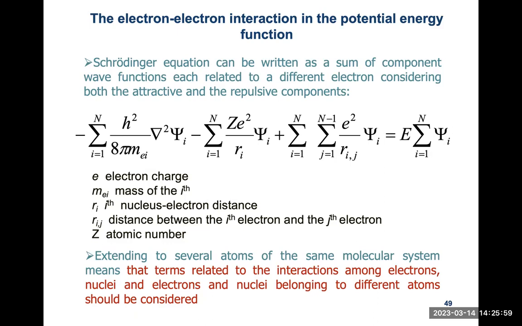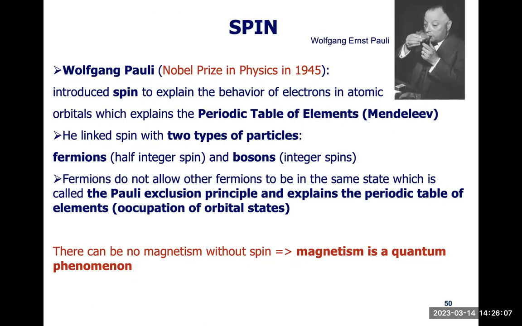two things are necessary from the quantum physics point of view to understand chemistry. The first one is the spin. I mentioned to you already, without the presence of spin, you cannot understand the periodic table of elements by Mendeleev because of the occupation numbers of the atomic orbitals. And these are electrons or fermions. They have half-integer spin.